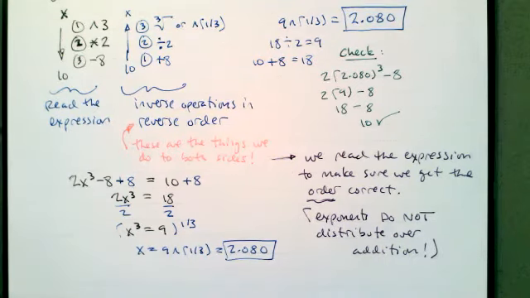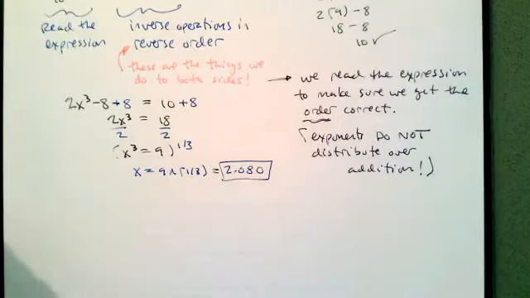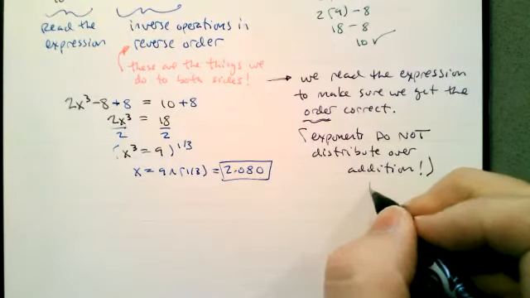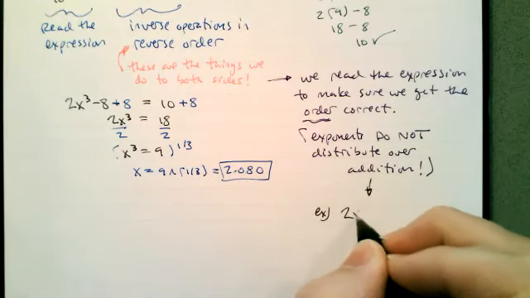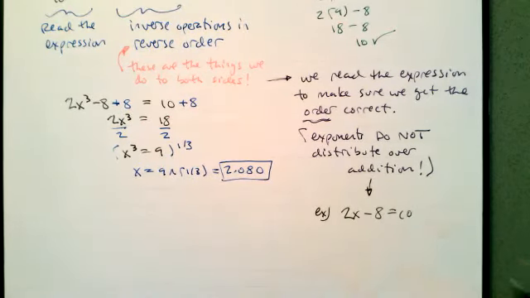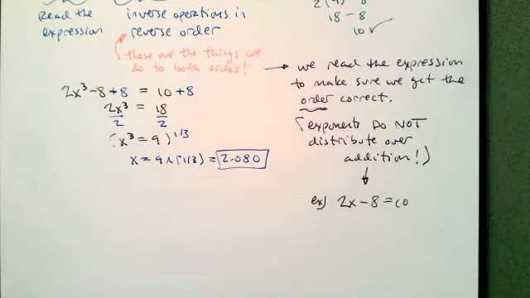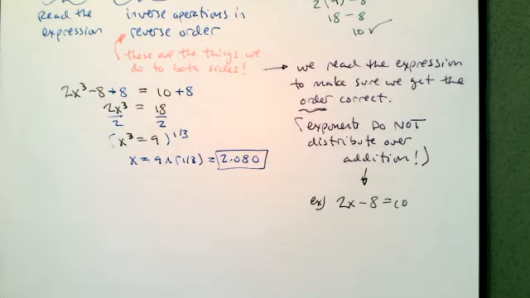If we go back to our equation, as an example, the equation 2x minus 8 is equal to 10, this equation involves multiplication and addition, but multiplication distributes over addition. We know we have to divide by 2 and then we have to add the 8, but we can do it in the other order.